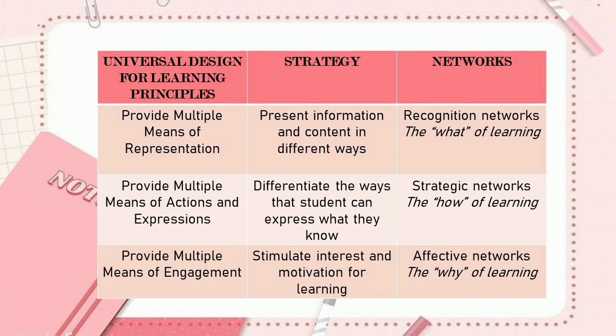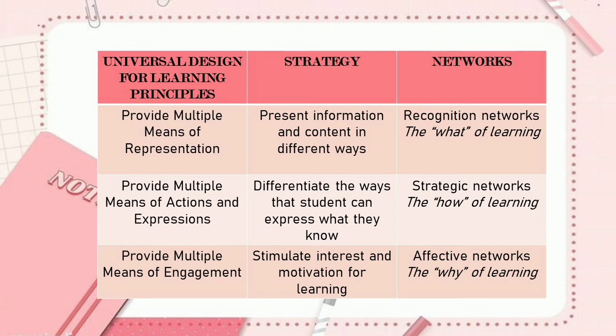Each principle has a strategy. In Principle 1, we present information and content in different ways. In Principle 2, differentiate the ways that students can express what they know. In Principle 3, the strategy is to stimulate interest and motivation for learning.